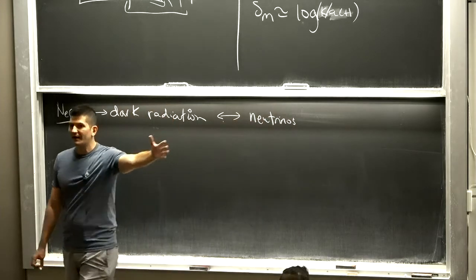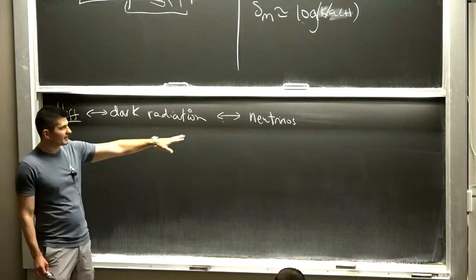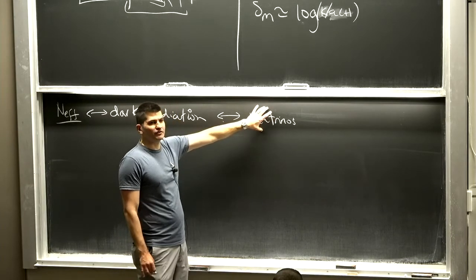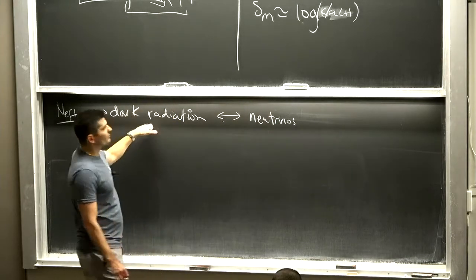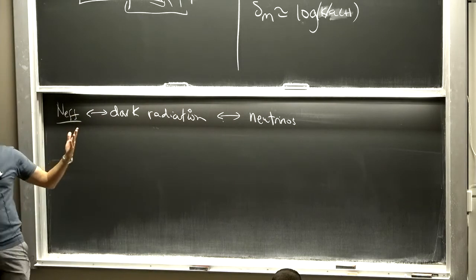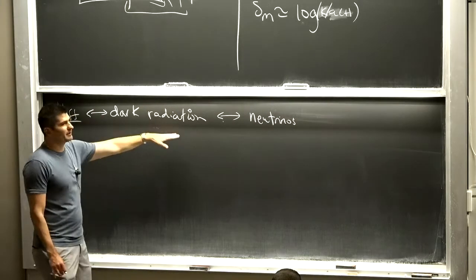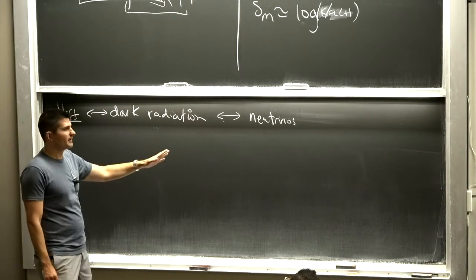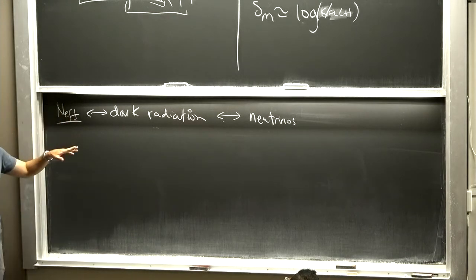It doesn't couple to light. It has an abundance that we'll talk about in a second. How we think about the search for cosmic neutrinos is in one-to-one correspondence with how we would think about searching for any other new light particle that behaves like radiation for some part of the history of the universe.